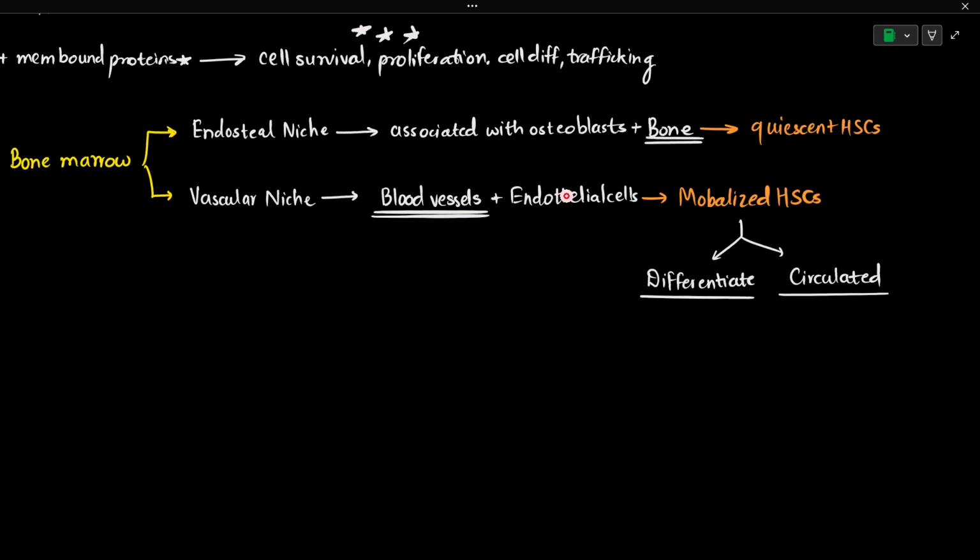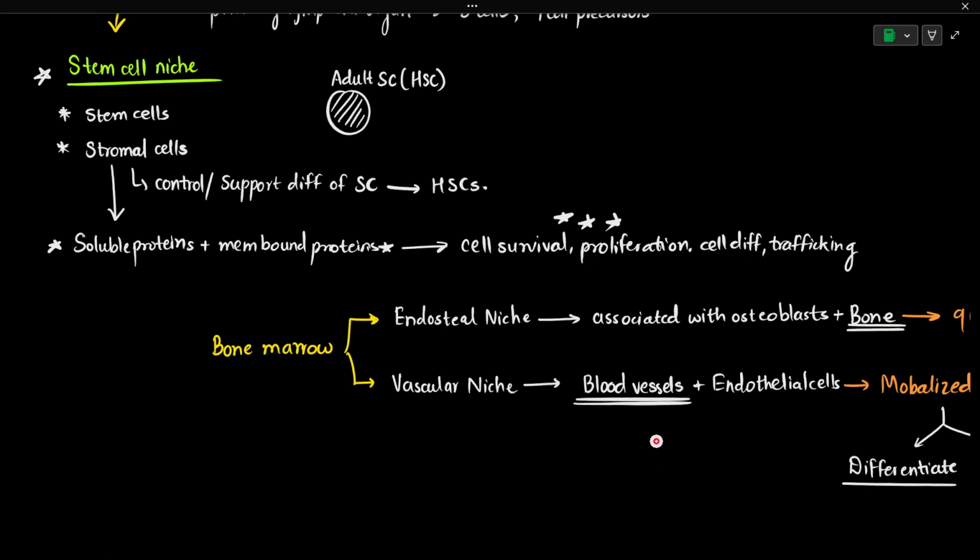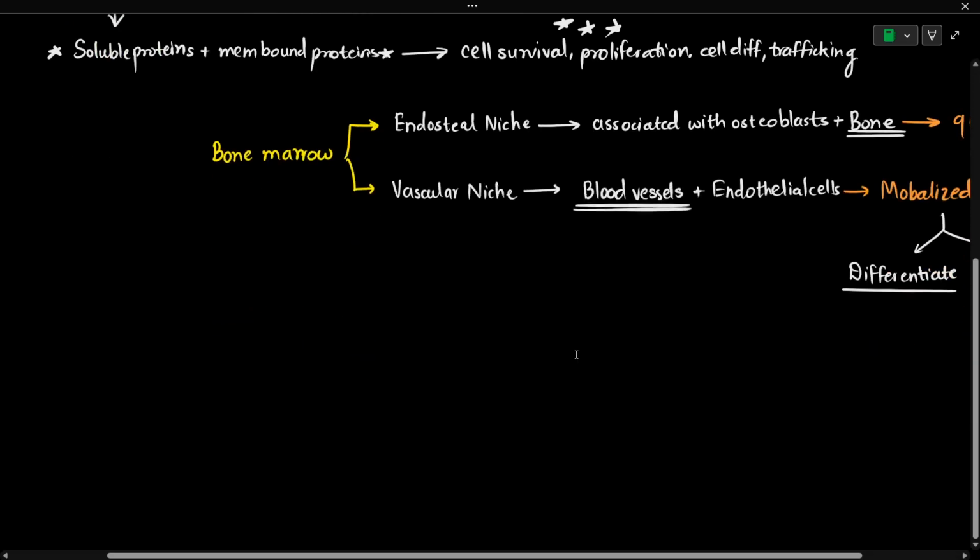I told you that the stromal cells in this stem cell niche help the hematopoietic stem cells in differentiation or in maintaining whatever choice they are taking. They decide either to commit to a certain lineage or to stay as a hematopoietic stem cell.